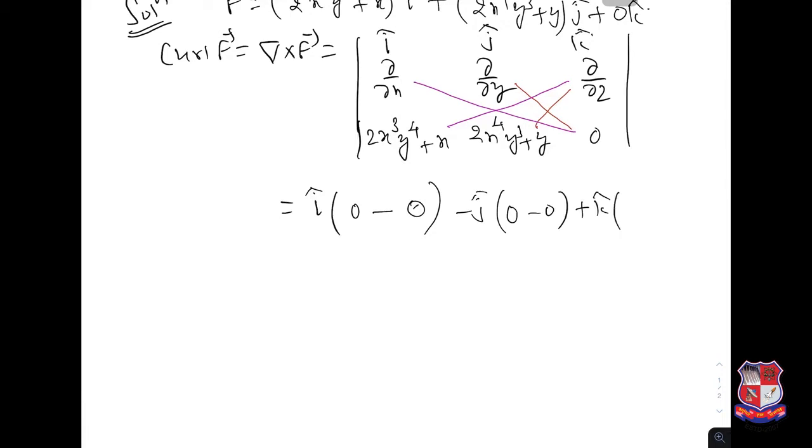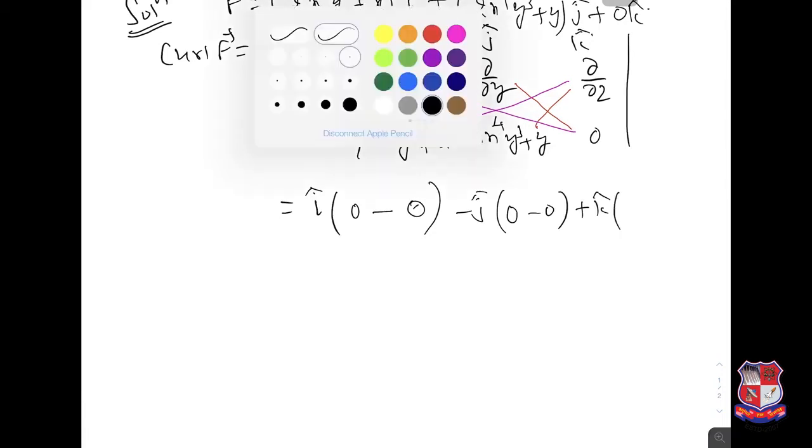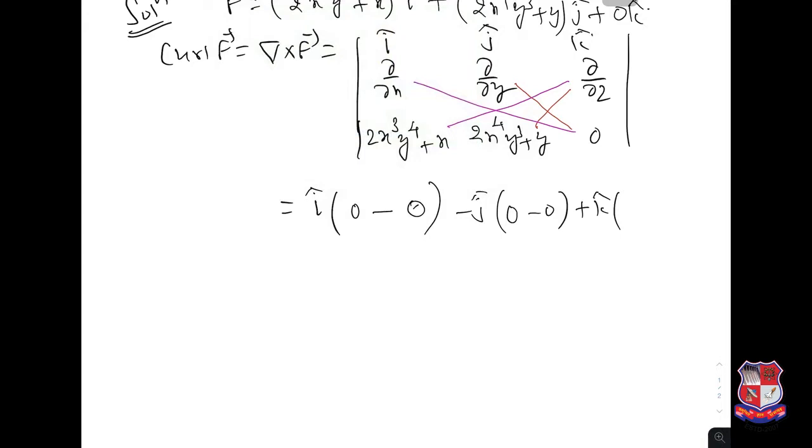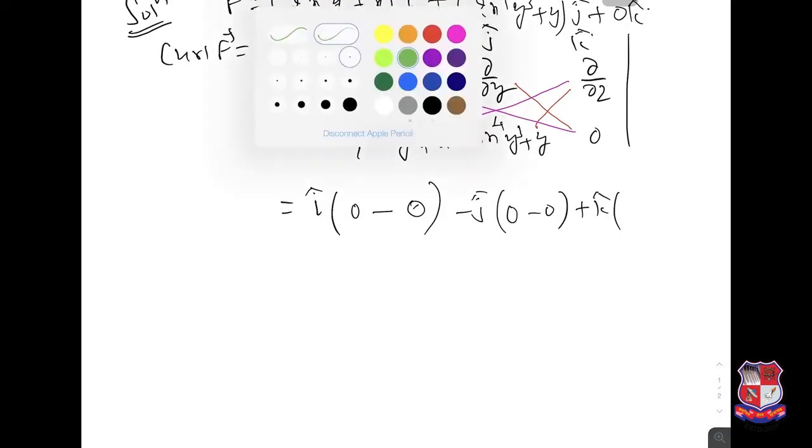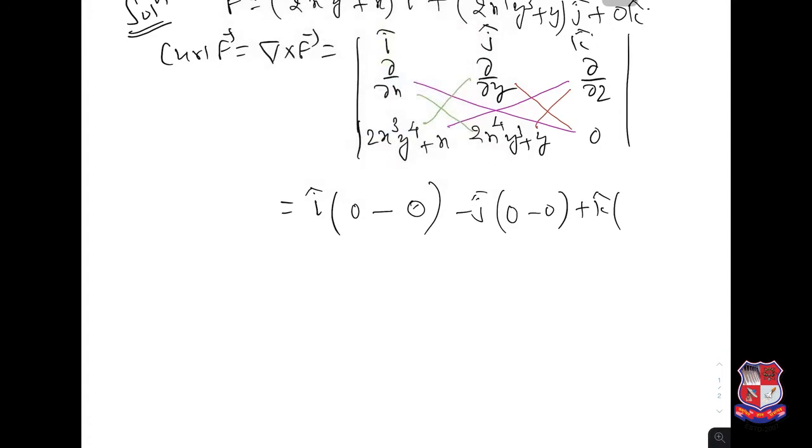and plus k. So we need this one and this one. So del by del x of 2x power 4 y cube plus y. So what is the derivative with respect to x? That is 8x cube y cube, and for y, its derivative with respect to x is 0, minus del by del y of this.